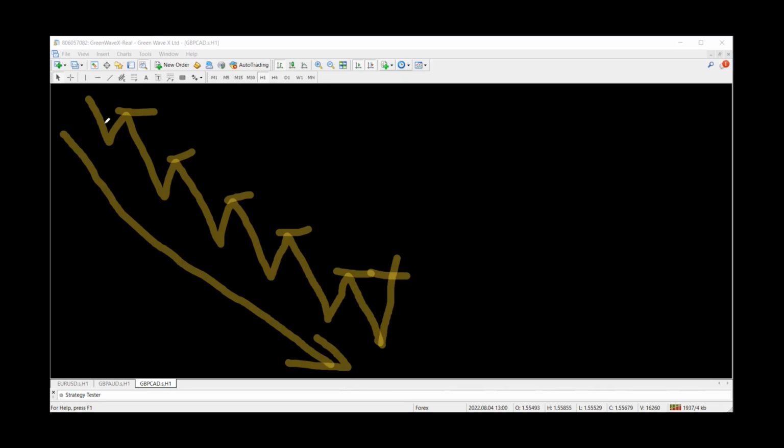Impulse, correction, impulse, correction. So these are minor corrections. The bigger correction is going to happen when the price breaks above this top here. That's when we say the bigger correction is starting, which is like the correction of the trend itself.